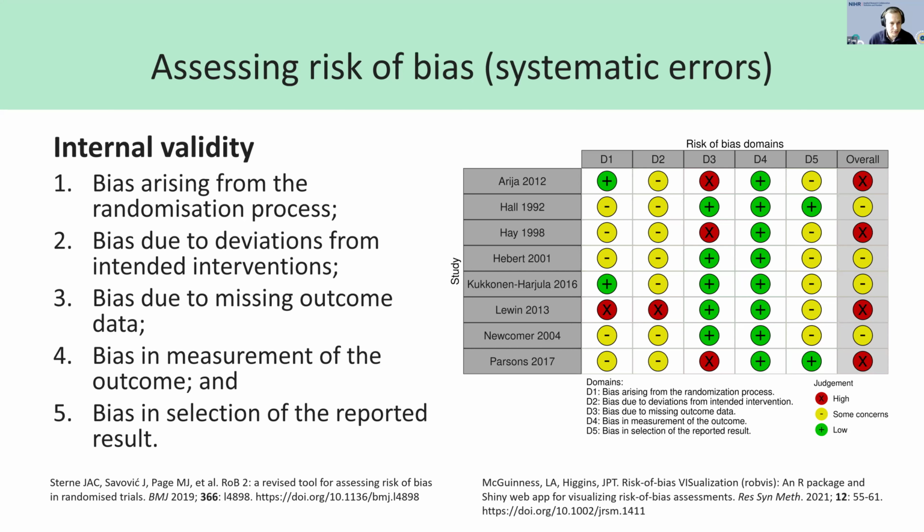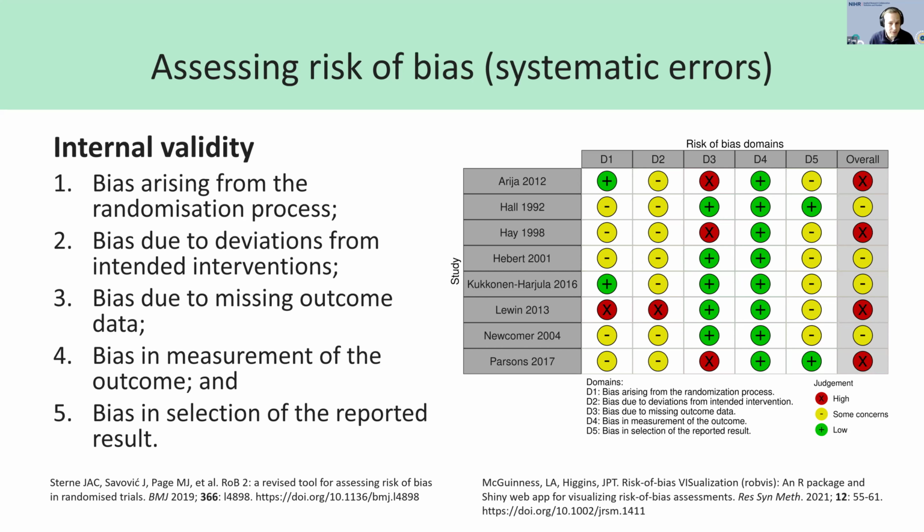So are the groups truly randomly allocated? Bias due to deviations from the intended interventions. So is the difference between the groups due to other interventions than the ones that we were intending to assess.